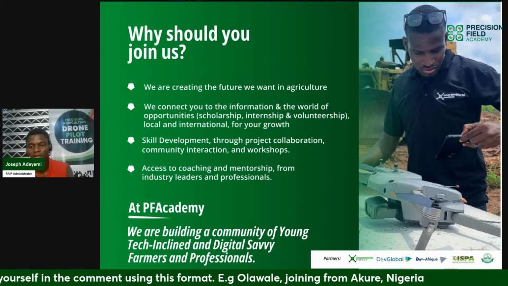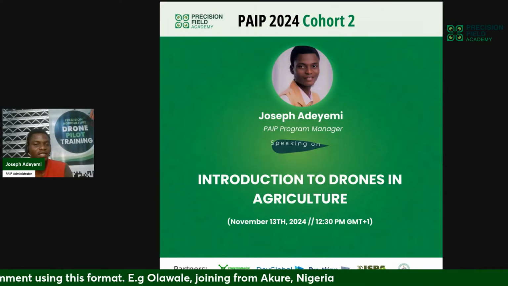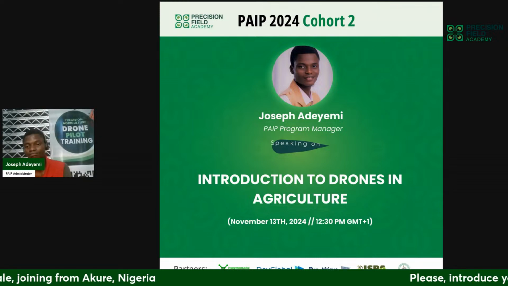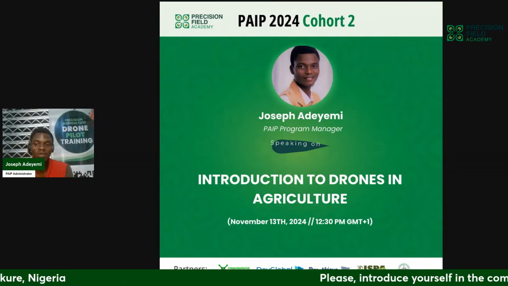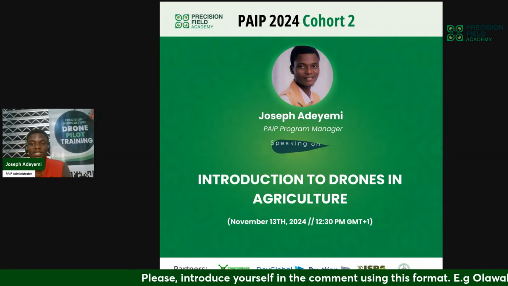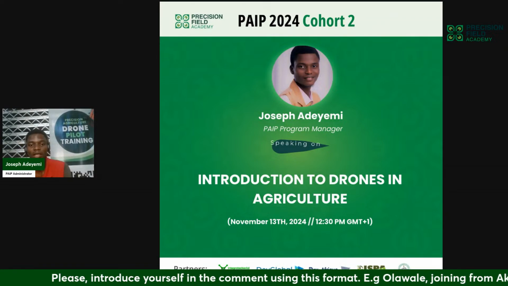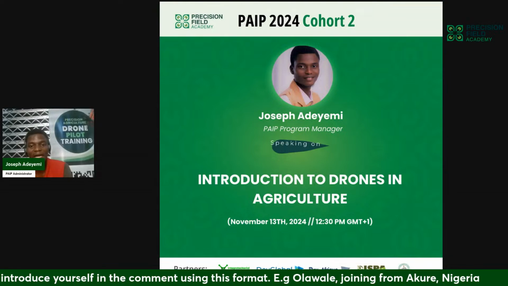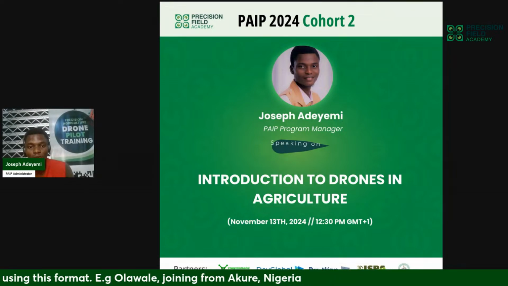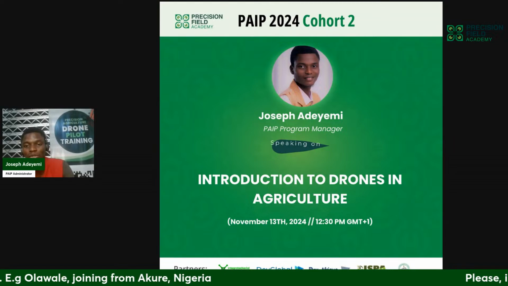All right, so let's go back to today's work. Today's lecture is going to be based on Introduction to Drones in Agriculture, and I'm going to be taking us through an introductory perspective of drones in agriculture. What does drones in agriculture entail?